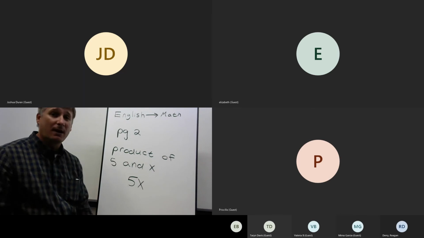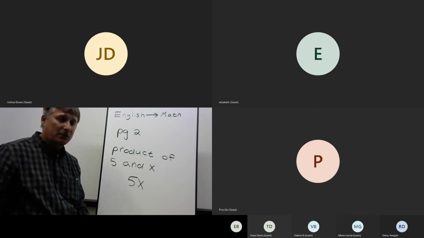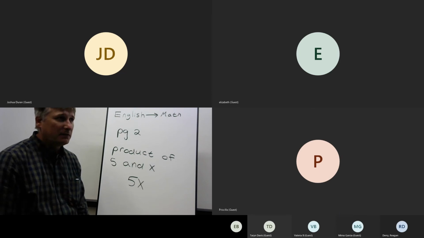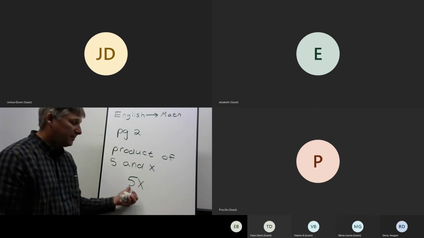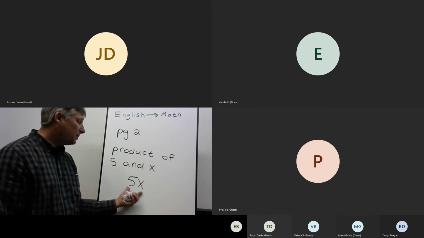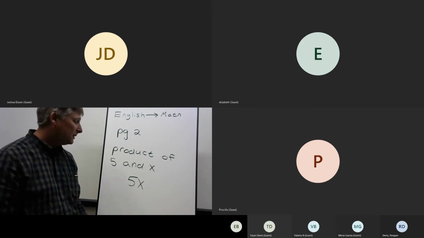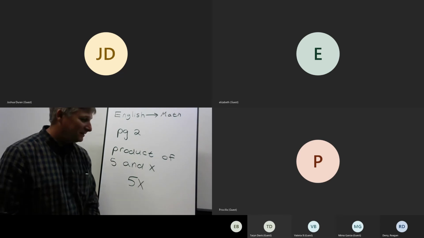That means 5 times x. But you could write it as 5 dot x, as 5 little x and then the variable x, or put one or both of them in parentheses. It'll all mean the same thing, multiplication.